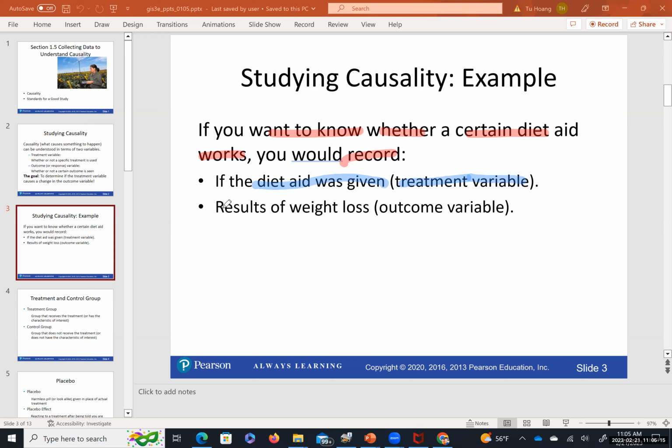You also need to have the result of the weight loss as the outcome variable. That is what you need to record. Then what are you going to do? Let's move to the next one.